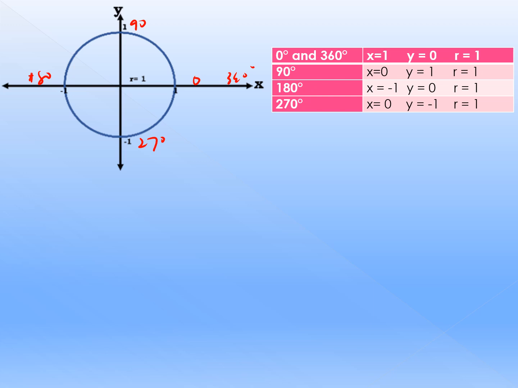But if the angle falls in y-axis, y is equal to 1 and x is equal to 0. However, if it falls in 180, x will be equal to negative 1, while if it falls in 270 degrees, y is equal to negative 1. No need to memorize r because r is always equal to 1. Why? Because we're dealing with a unit circle.